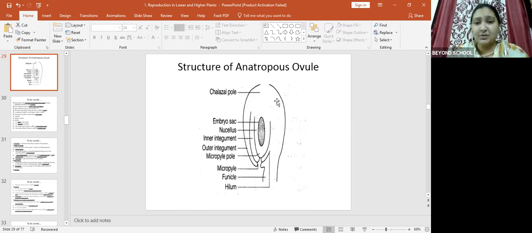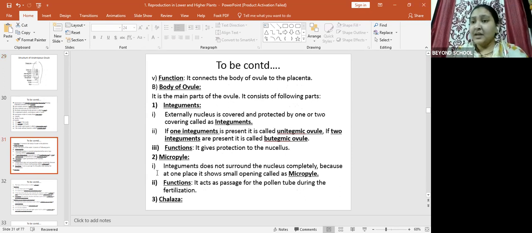See, this outer integument is wholly surrounded, isn't it? But this certain kind of integument is just halfly surrounded, not fully surrounded here. So what they want to say is that this micropyle region is not fully giving the protection, and the layer which is formed is not fully surrounding the nucellus.